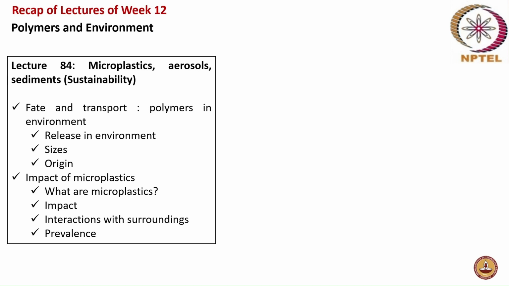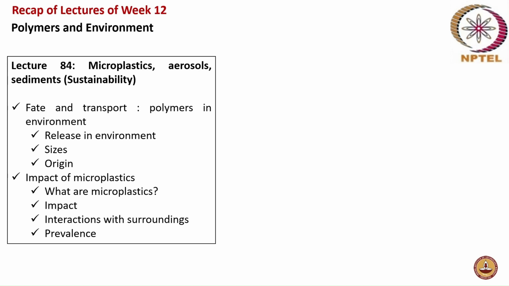They can get into the system of fauna, that is animals, through ingestion. And also their interaction with the surroundings. For example, in ocean systems, there was a discussion on the presence of microplastics in the ocean.